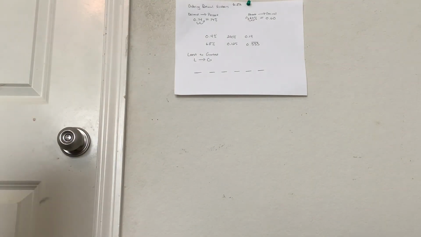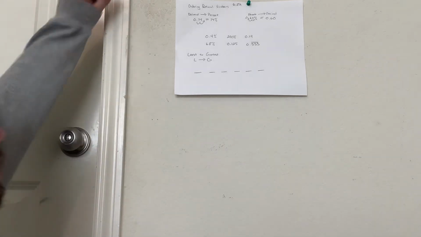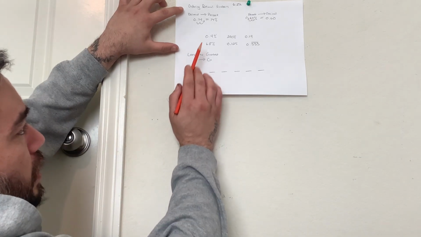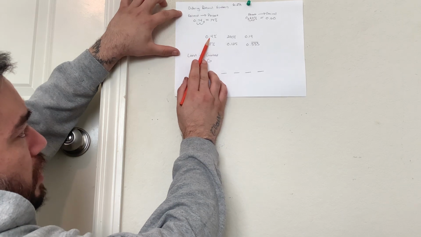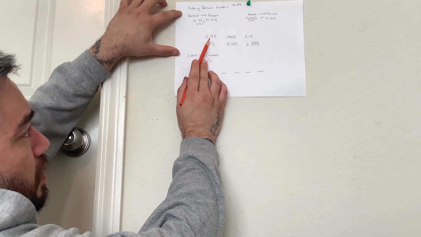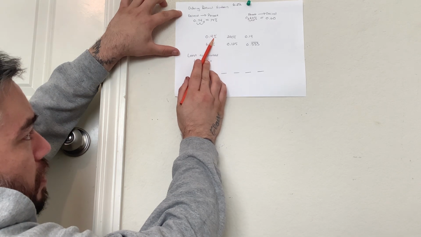So we're going to do the same thing with these numbers here, okay? Let's convert. I'm going to take my 0.4% and convert it to a decimal. Notice how it already has a decimal. I'm not starting there, I'm still starting here.